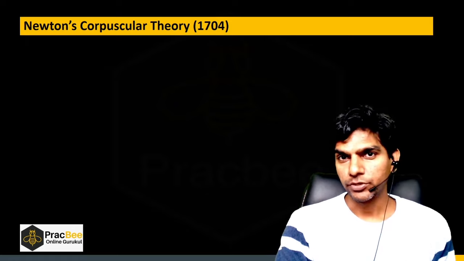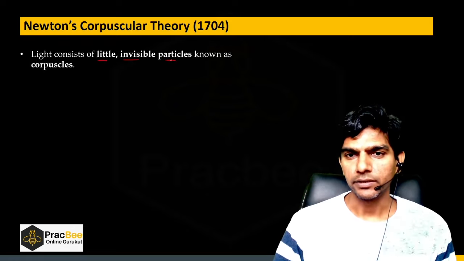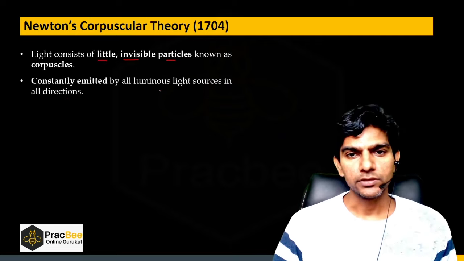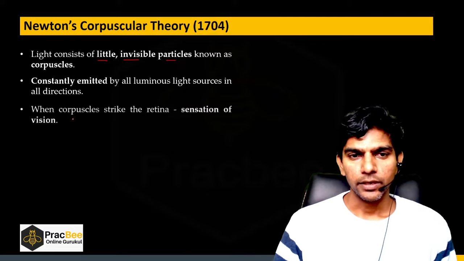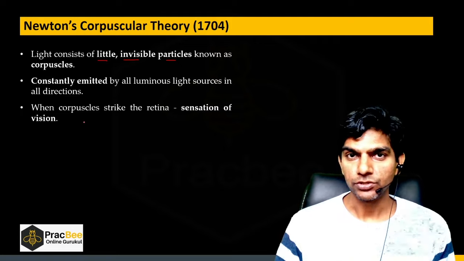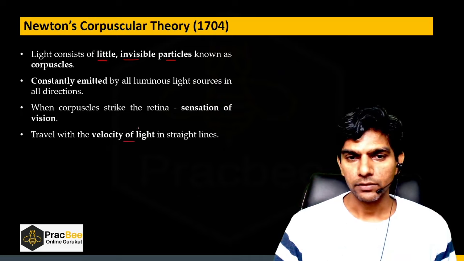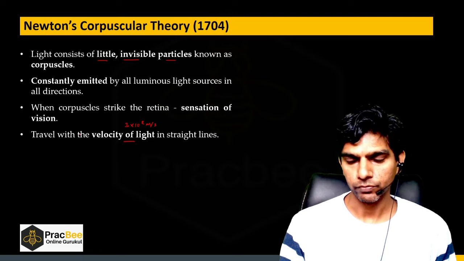Now let us see some key points about this theory. First, the light consists of little invisible particles known as corpuscles. And if there is a luminous source, it will constantly emit these particles. And when these corpuscles strike the retina of our eye, we have the sensation of vision. And they travel with the speed of light, which is 3 into 10 raised to power 8 meters per second in vacuum.